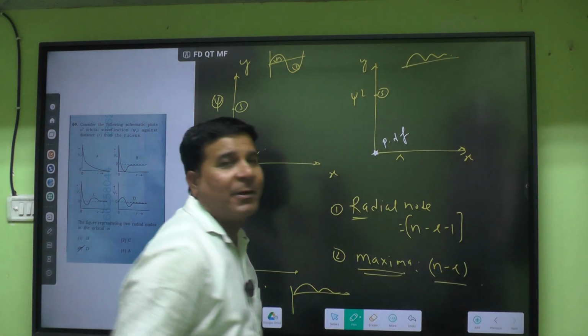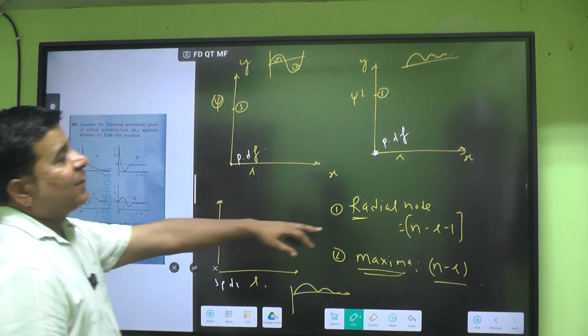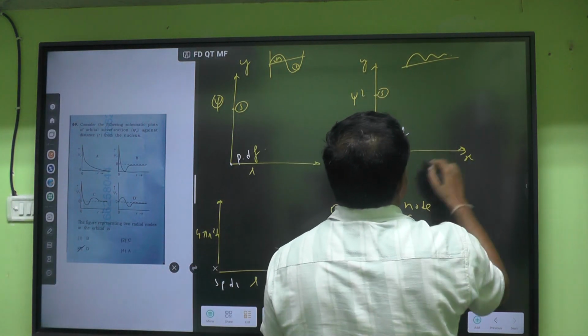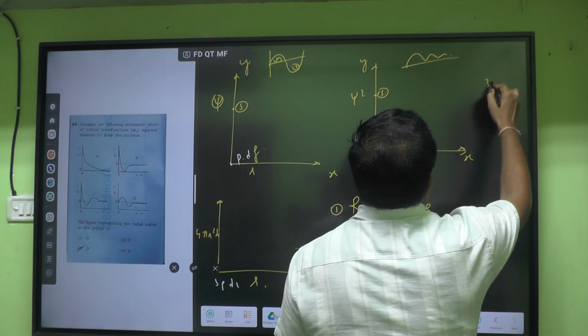Suppose we have to find the graph of psi square versus r for the 4s subshell.